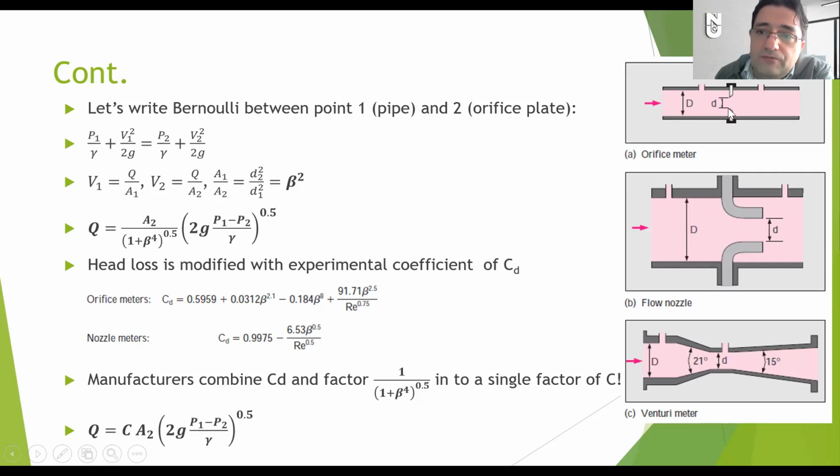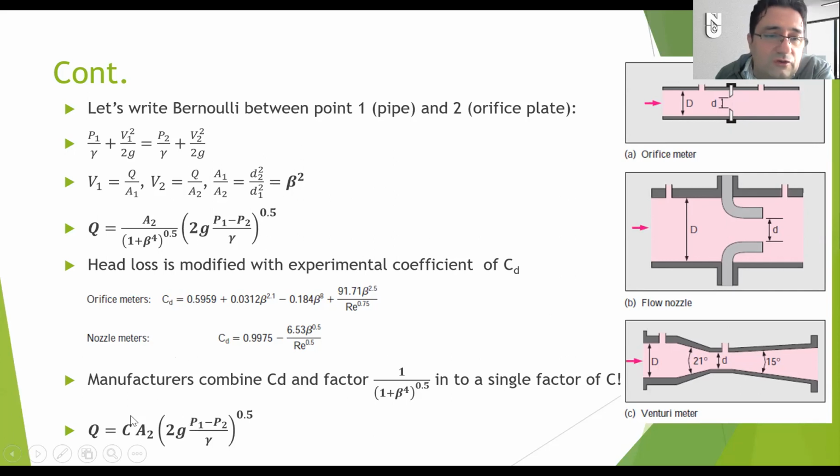For example, if you buy an orifice meter from a company and use it as a flow measurement device, that company will also provide you the C value. The C value is a constant, a combination of CD and beta. So there is no need to know what CD is or to calculate beta.